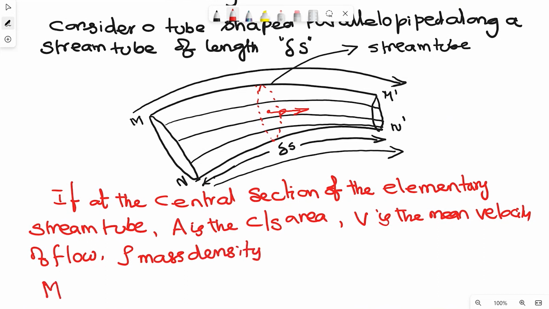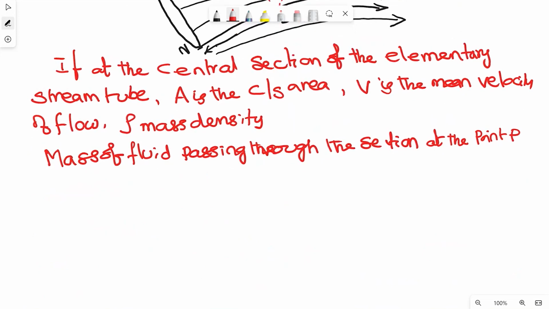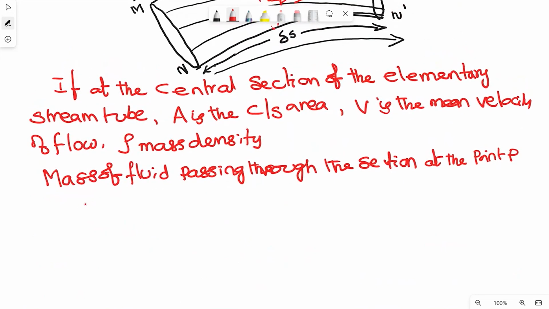Then the mass of fluid passing through the section at the point P: A, the area of cross section, multiplied by the velocity is the volume of fluid flowing per second at the center, and multiplied by rho gives the mass. So it is equal to rho AV at the center.